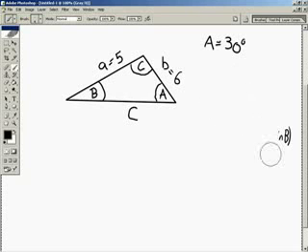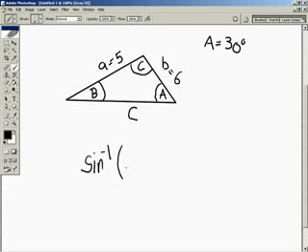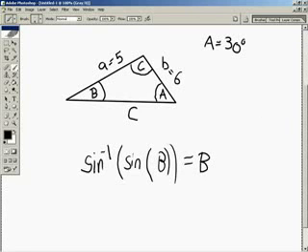In your calculator, what you'd want is something like to end up with this. Sine with a little -1, meaning arc-sine, of sine of B equals B.